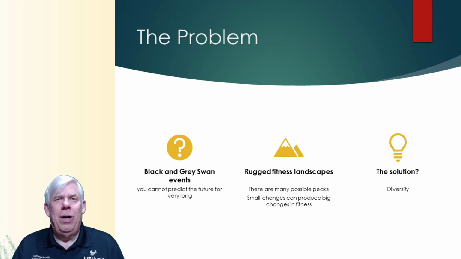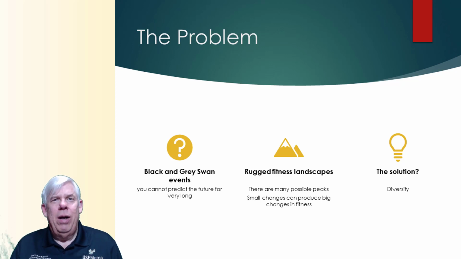We have black swan and gray swan events that can radically impact our environment, but again, we can't predict when they're going to happen. It's the efficiency versus adaptability trade-off that we talked about in the previous lecture.